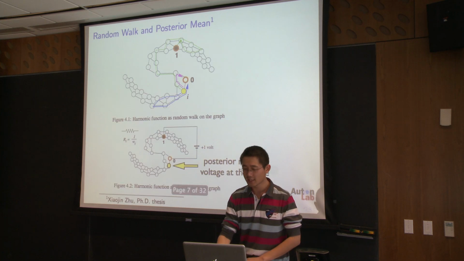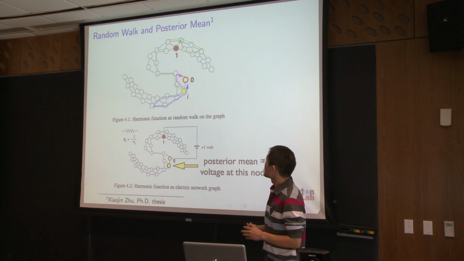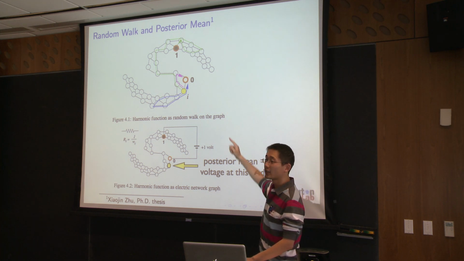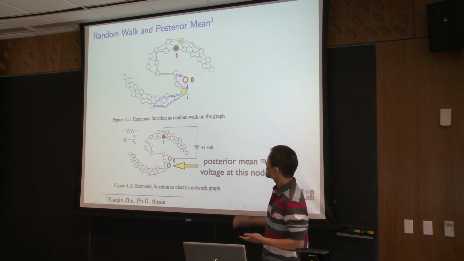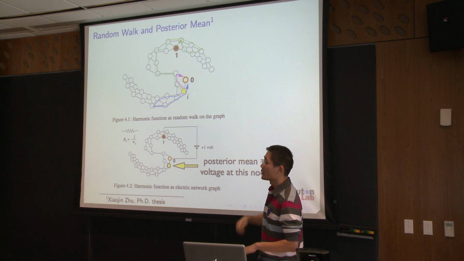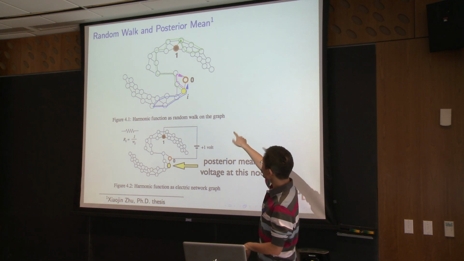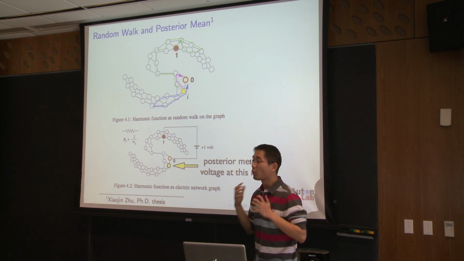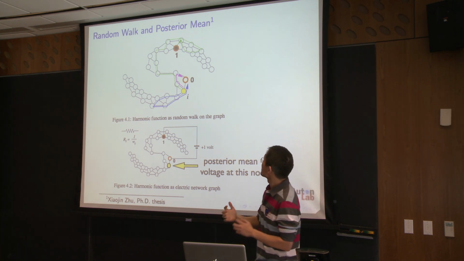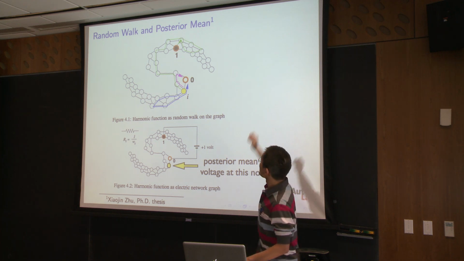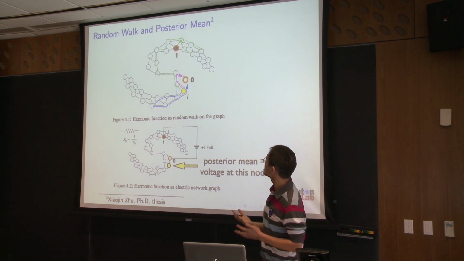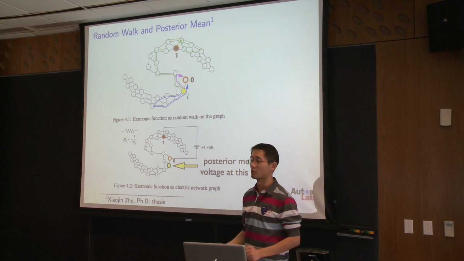However, if you take the reverse, you do a random walk from this yellow node I, right? And this posterior mean basically says the chance that a random walk starting from I will hit a labeled node with label 1 before it hits a labeled node with label 0. So this 1 and 0, these brown colored nodes are the labeled nodes.